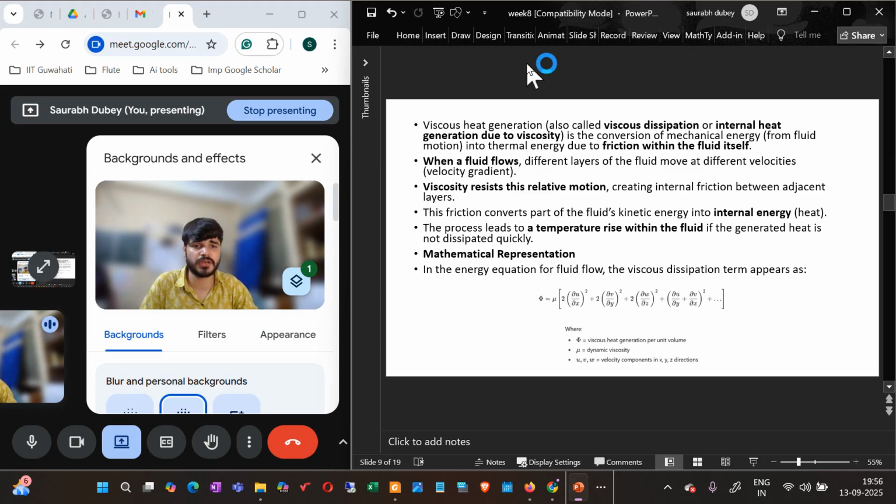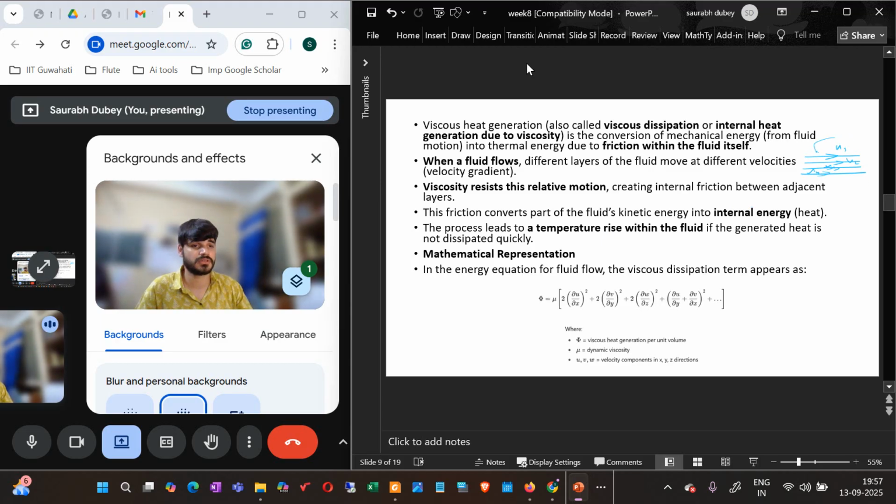When a fluid flows, different layers of the fluid move at different velocity. Okay, so different layers of the fluid will be flowing at different velocity, right? So suppose it is u1, u2, u3, u4. So the fluid moves at a different velocity. Okay, so viscosity resists the relative motion.